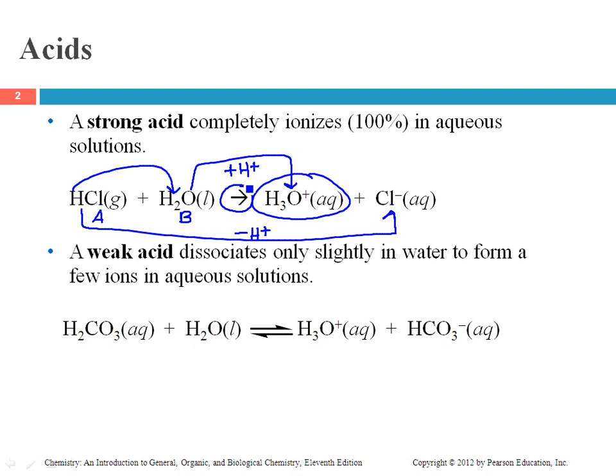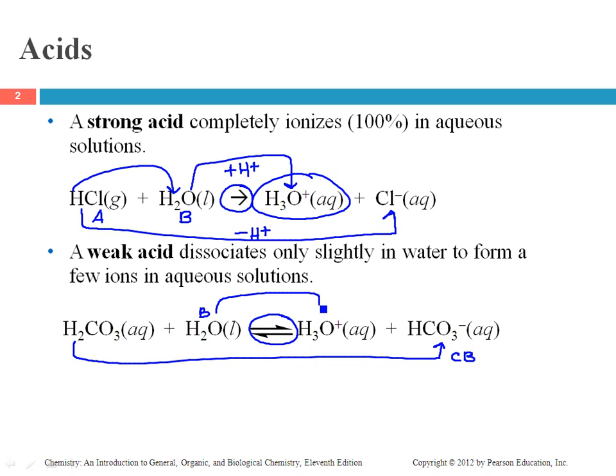For weak acids, just like weak electrolytes, we have this equilibrium arrow. So we produce some ions, but then the reverse reaction also occurs. So here's our carbonic acid, and it loses a proton to give us the conjugate base. And water here is our base that gains a proton to give us our conjugate acid, CA for conjugate acid, CB for conjugate base.